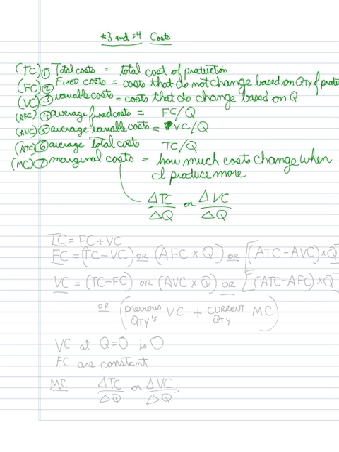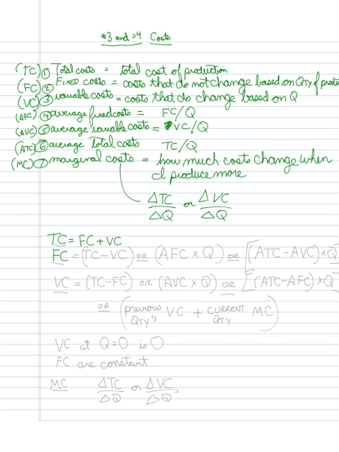Okay, so then you kind of get a sense from these 7 equations what the general relationship is. Using these same abbreviations, total costs equal fixed costs plus variable costs.